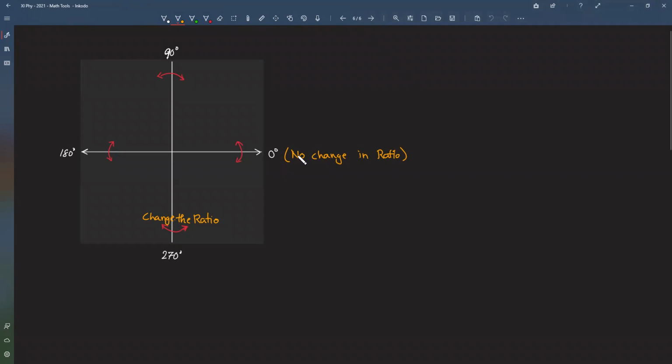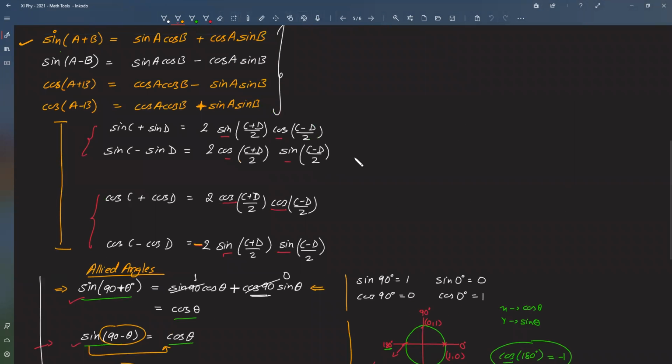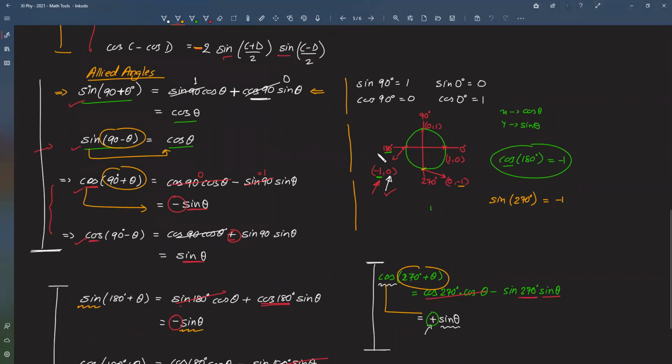But this is the one thing. Second is, what about the sign? What about whether it is negative or positive? Whenever you have the original ratio, let's say sine, and you are doing sine of 90 plus theta, you will go into the second quadrant.